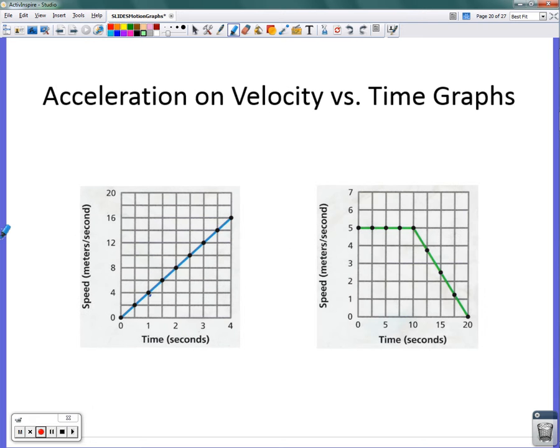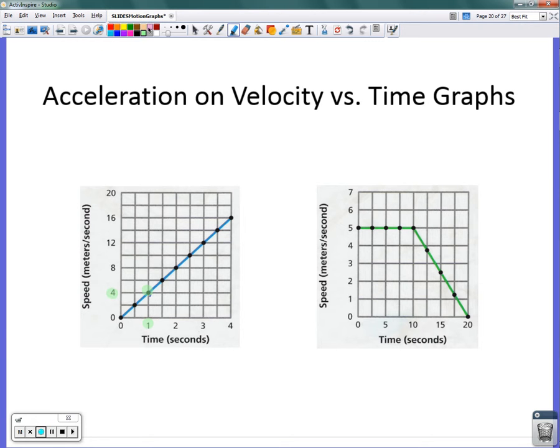If we look at these two graphs here, right, the blue graph on the left has a positive slope. Therefore, it has a positive acceleration. And if you were to describe what was going on, right, at 1 second, this object was going 4 meters per second.